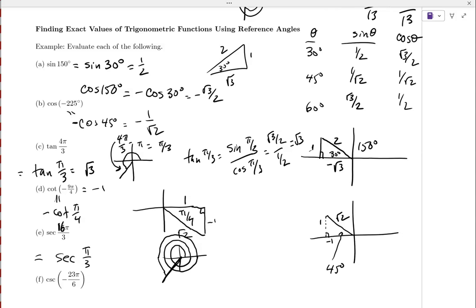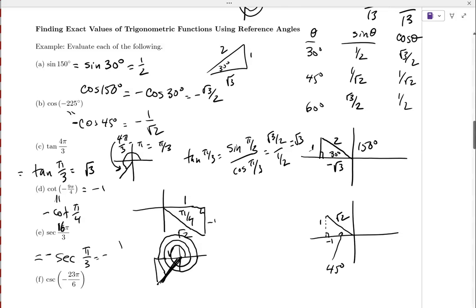The x corresponds to your cosine, the y corresponds to your sine. We talked about those earlier. Sine was y over r, cosine was x over r. So is this going to be positive secant of pi over 3 or negative secant of pi over 3 since we're down here? Negative, right? Because our reference triangle goes this way, and we have a negative x value.